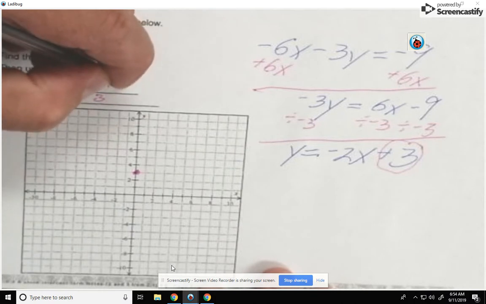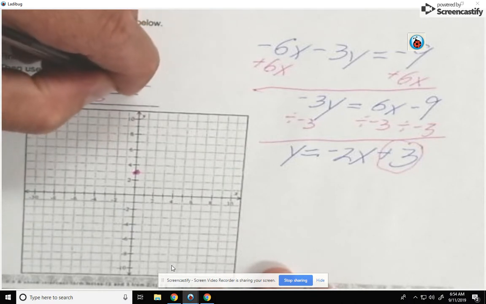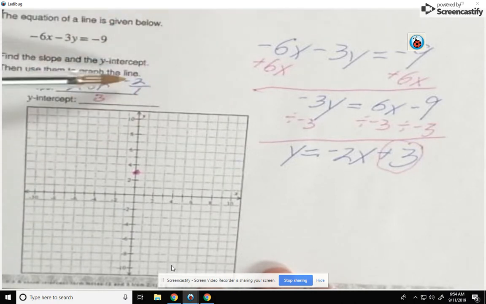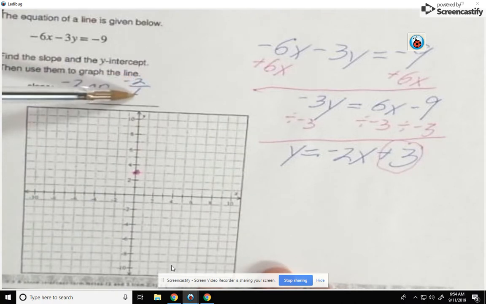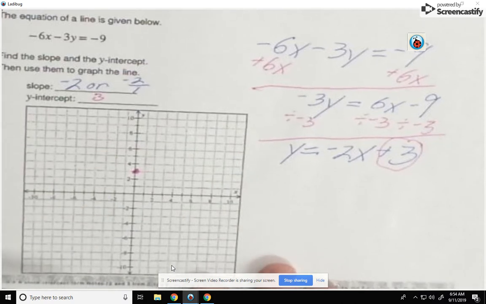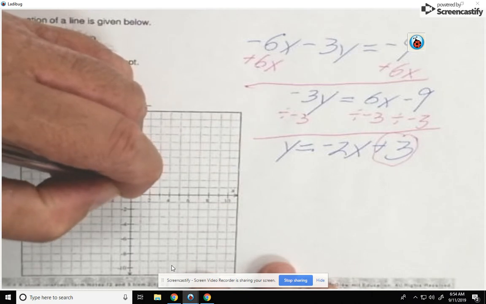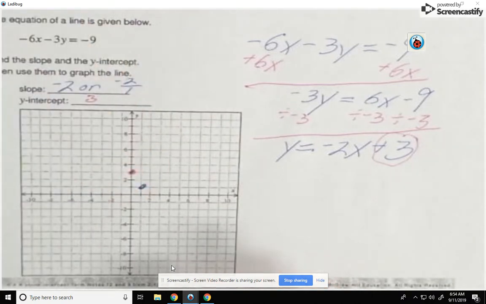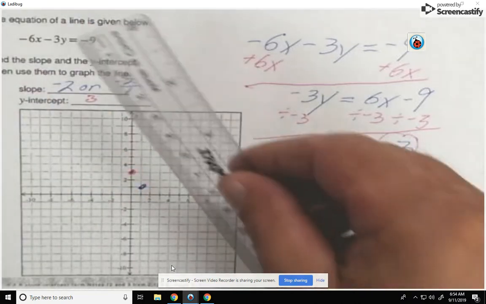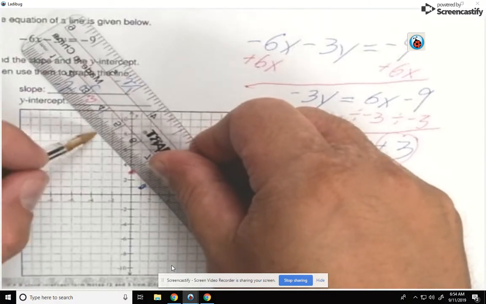Okay, remember, we can always put this over 1. So negative 2 tells us we're going to go down 2, 1 tells us we're going right 1. So from our y-intercept, again, we go down 2, right 1. So now we have our 2 points. We can connect them to get our line.